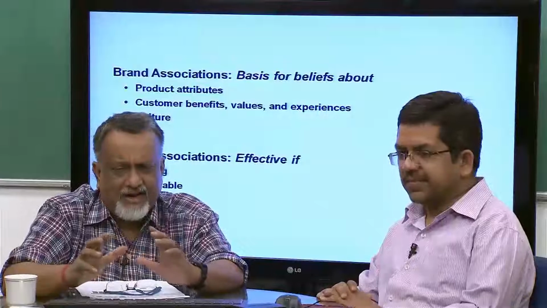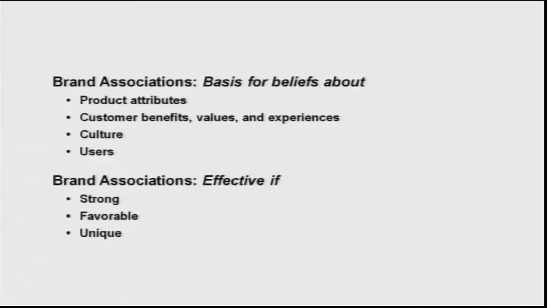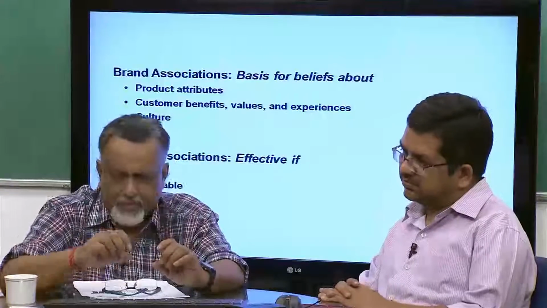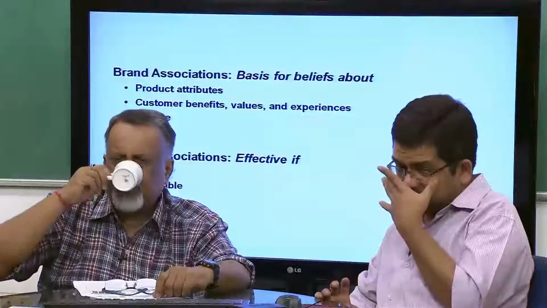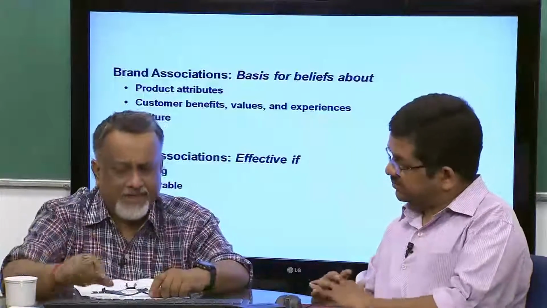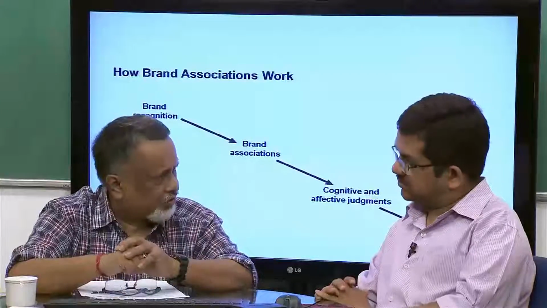So, usually brand associations are about more concrete things like product attributes, customer benefits, factual things blended with culture, use, emotion, sense of security and all that. So, in a way, for the brand association to become effective, it must have some solid strong points coming from those origins, as well as it must ultimately tell some kind of an interesting unique story.